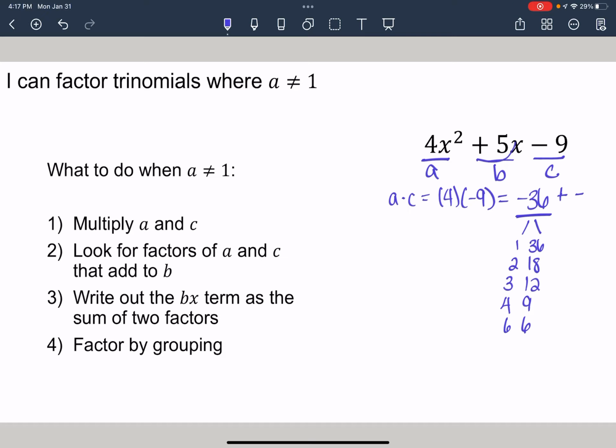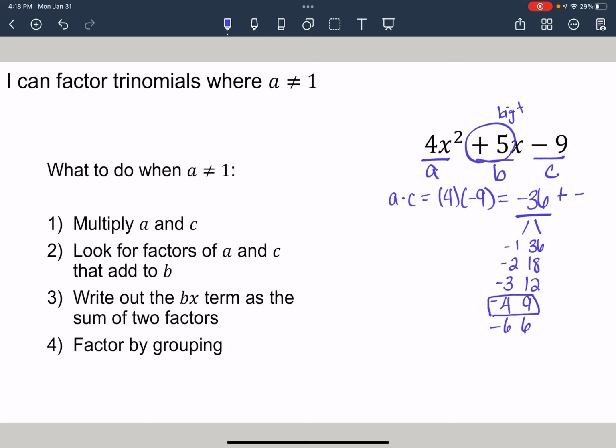Since b is positive, we know that the bigger factor is going to be positive. Remember, when they're opposite sign, the bigger factor always takes the sign of b. So here we're going to make the smaller factors negative, and we're going to see which set adds up to the correct sum. Do you see which set adds up to 5x? It's this one right here, 9 and negative 4.